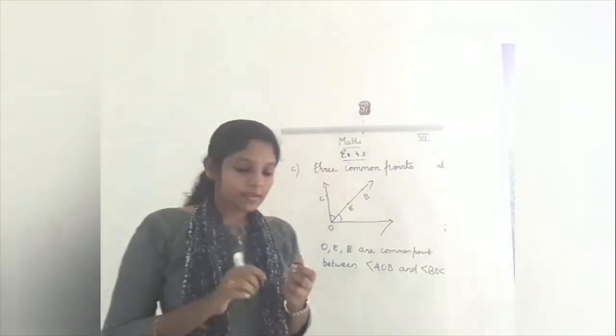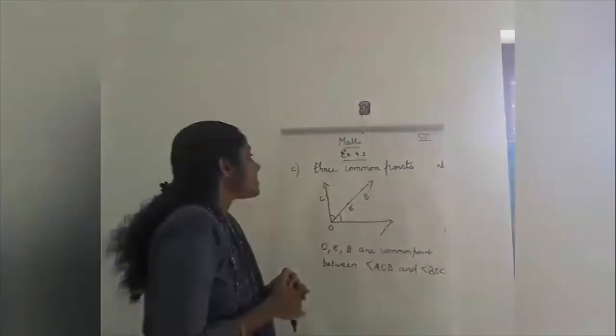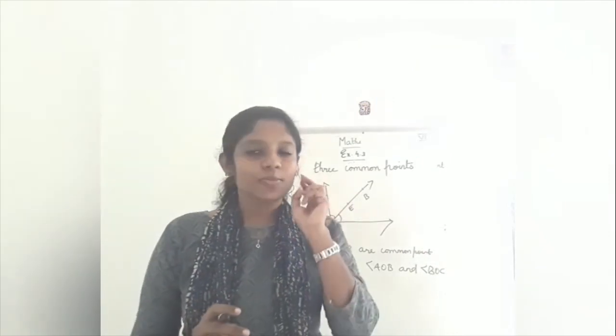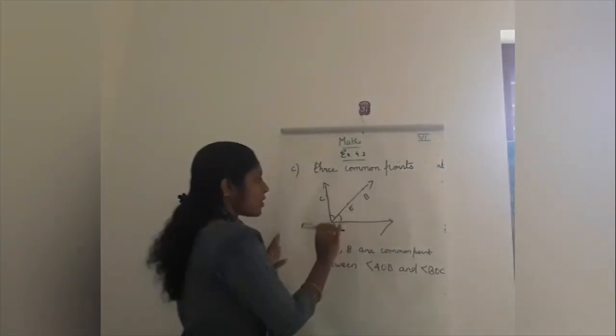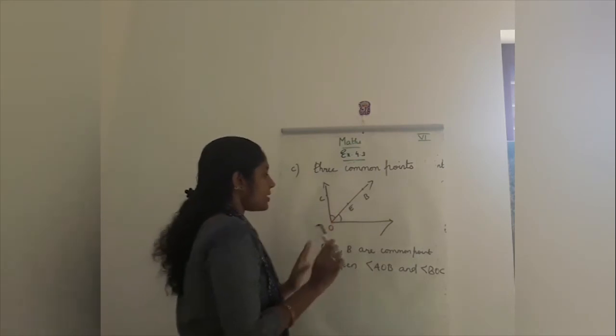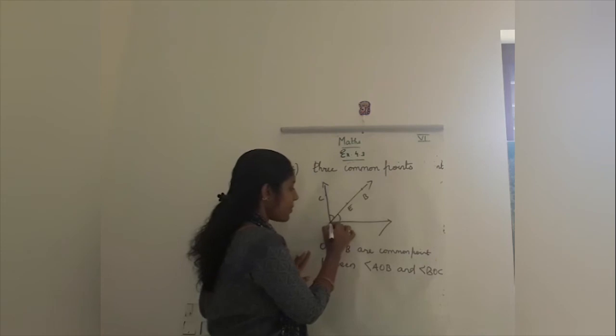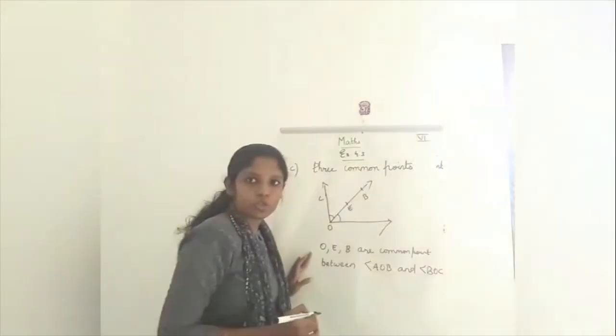In the third part of this question, three common points should be there. So you have to draw two angles and there should be three common points. I have drawn the picture here: two angles and three common points, O, E and D. Three points are marked.